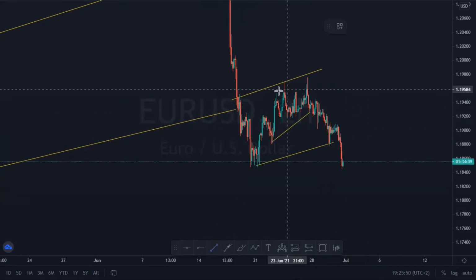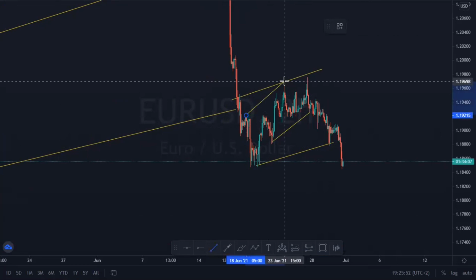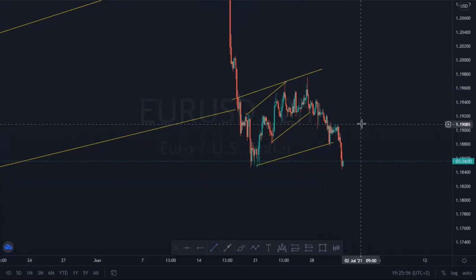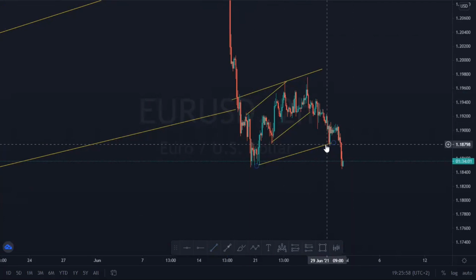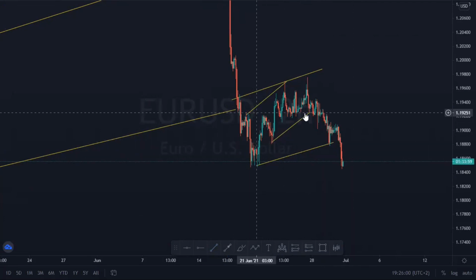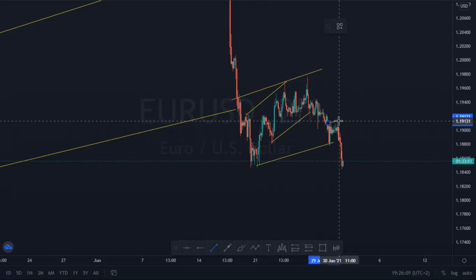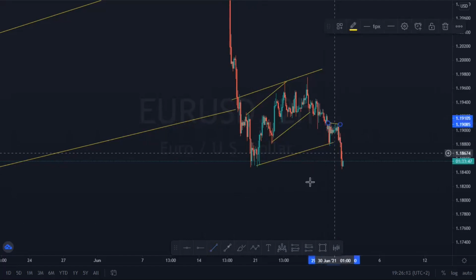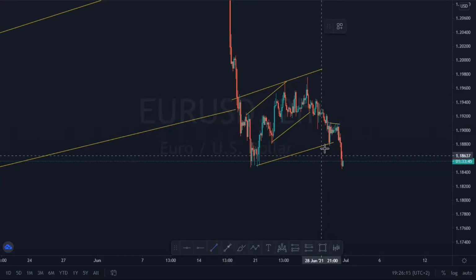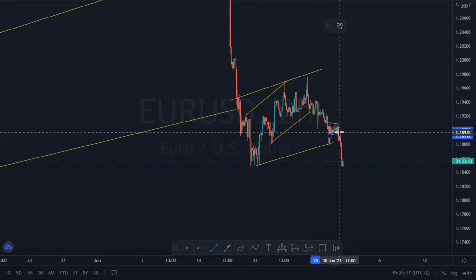But it doesn't mean that when you spot the correction, it must always be a parallel line. No, it doesn't mean that. Even here, you can see inside this correction, there's another correction that I was talking about.